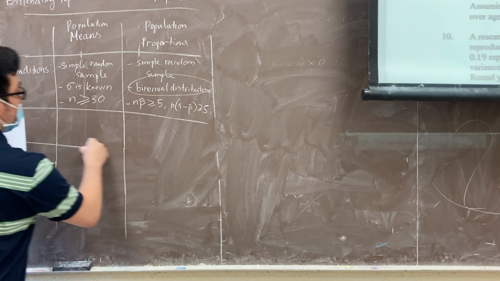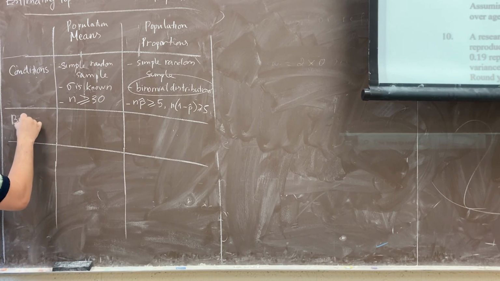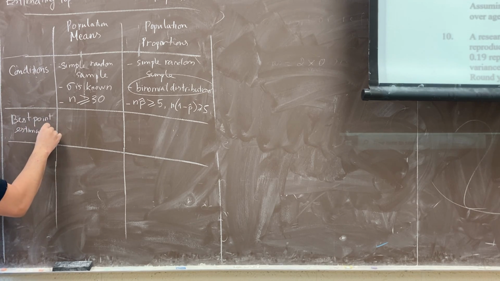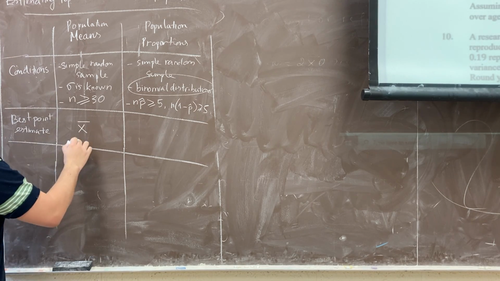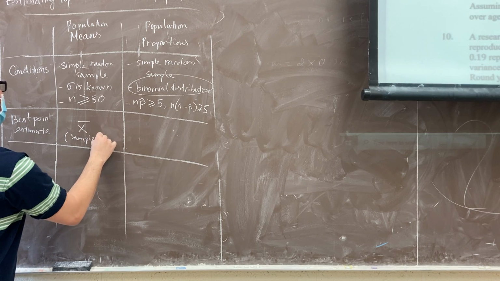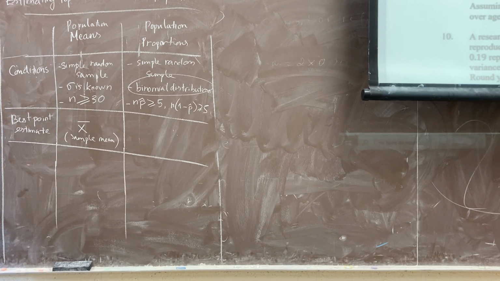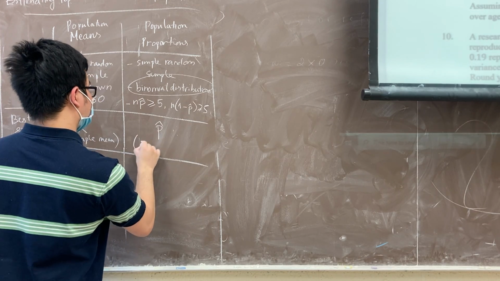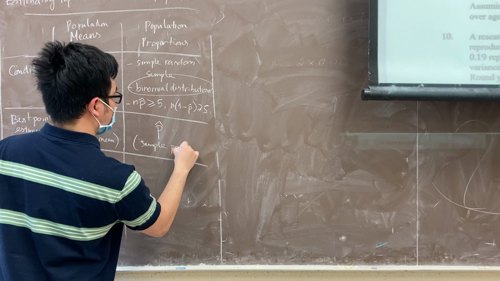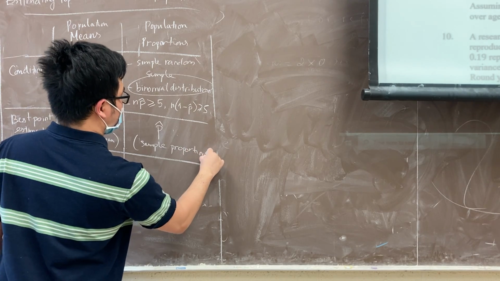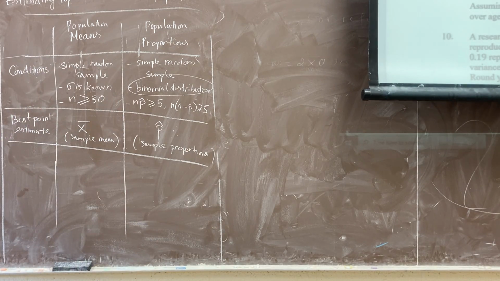And the first thing we have is the best point estimate. The best point estimate for the population mean is the sample mean. And the best point estimate for the population proportion is the sample proportion. However, when we use the best point estimate, we will not always get the exact value for the population mean and population proportion.